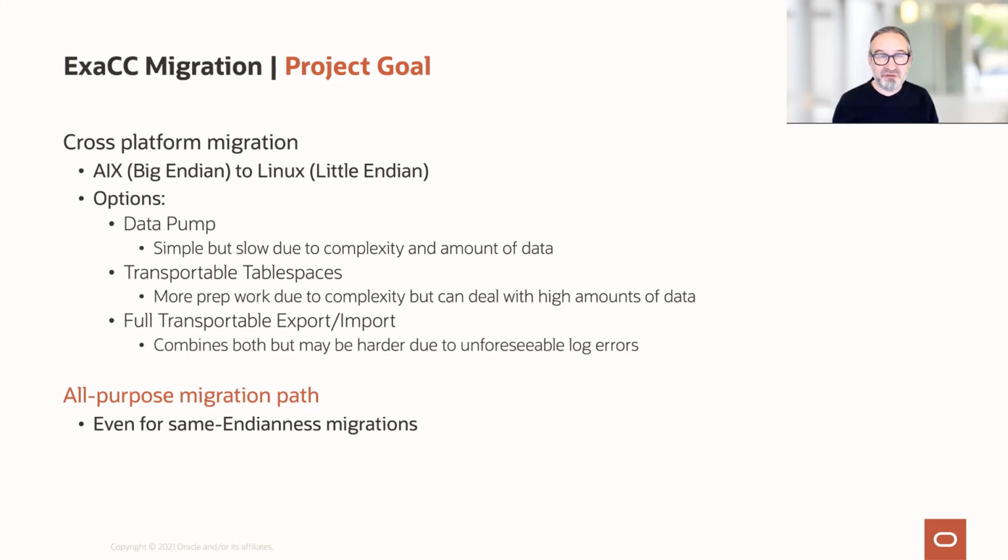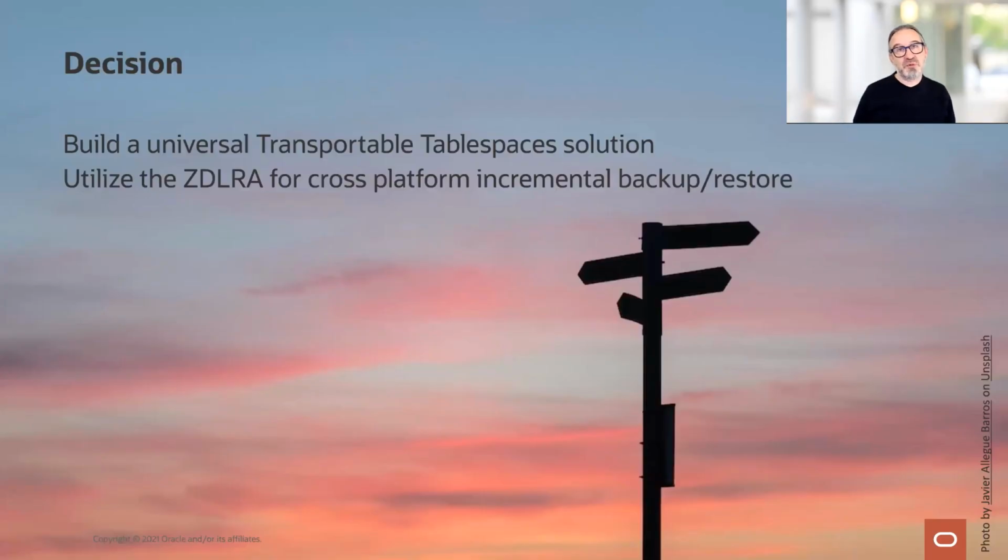So not 3 or 5 different solutions, just a single solution which works with everything. And a decision was taken at some point that we customize a transportable tablespace solution, and we utilize the zero data loss recovery appliance as our migration vehicle for the cross-platform incremental backup restore.